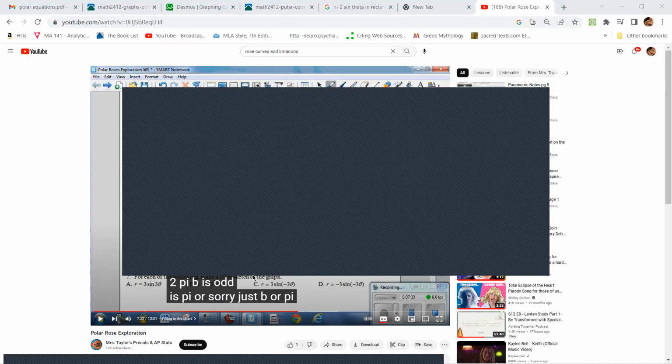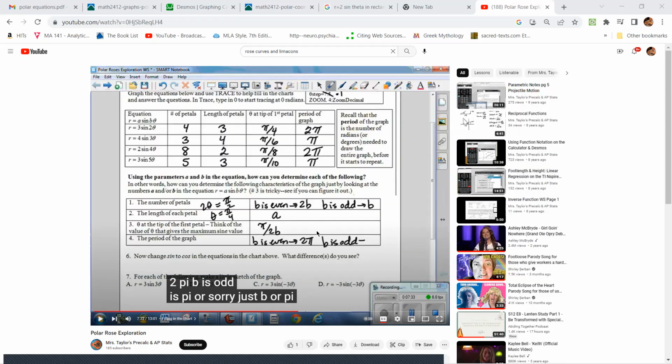I think she does a pretty good job of going over it. She doesn't do all the graphing, but it's a nice thing to go back to. This is the stuff you need right now for this teacher. I think this is going to help you with this teacher.